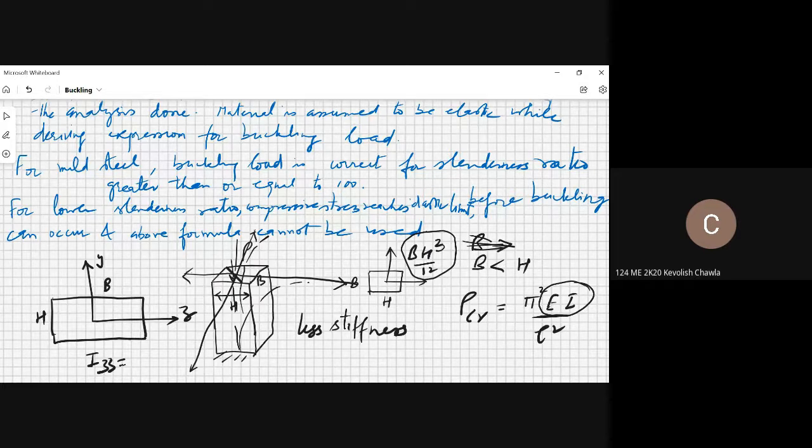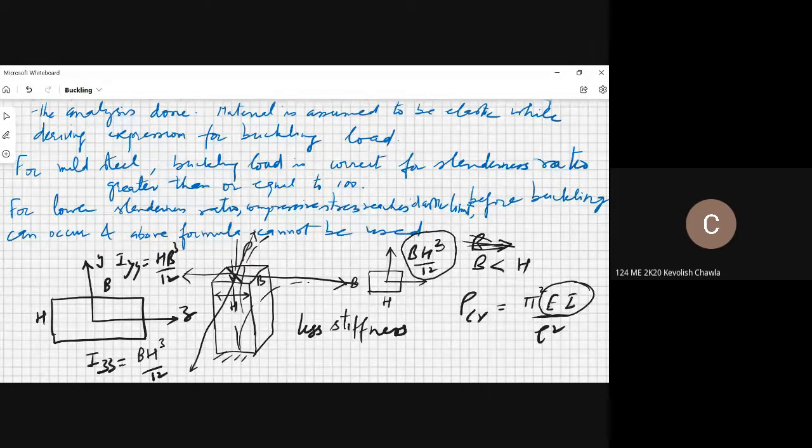BH cube by 12. Okay. And what is your IYY?